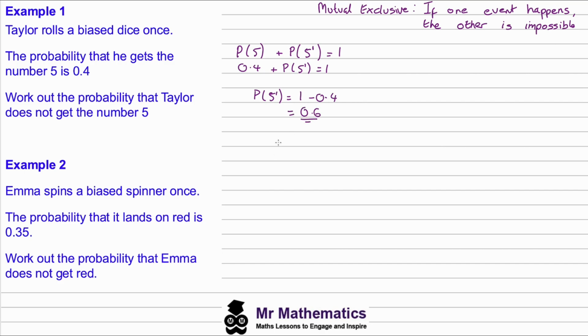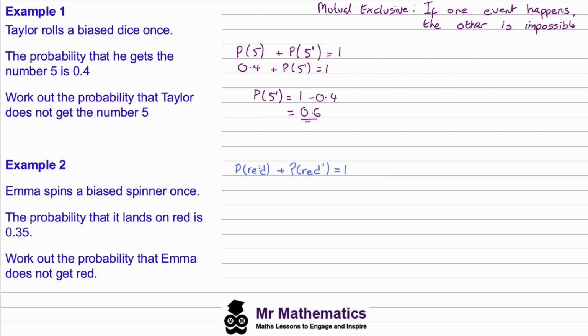Okay? For example 2, Emma spins a biased spinner once. The probability that it lands on a red is 0.35. Work out the probability that Emma does not get a red. So do you want to try this question yourself? So the probability of a red or a not red are mutually exclusive. They can't both happen. So they must add together to make 1.